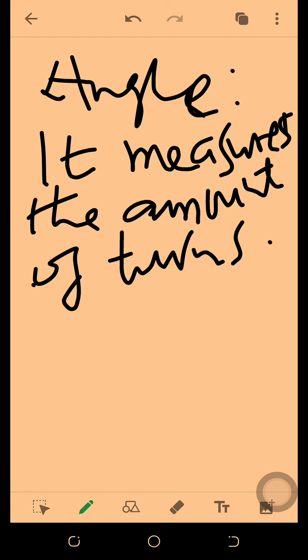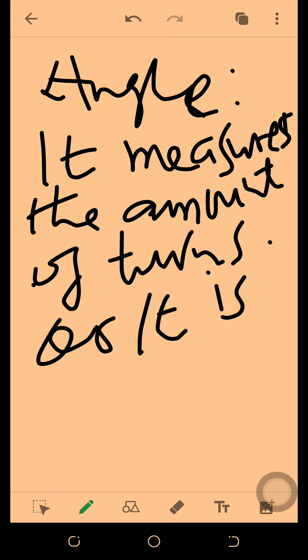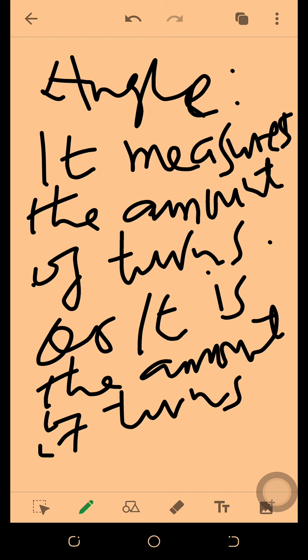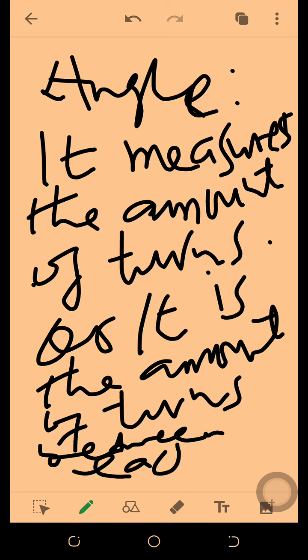Or it is the amount of turns between each arms.